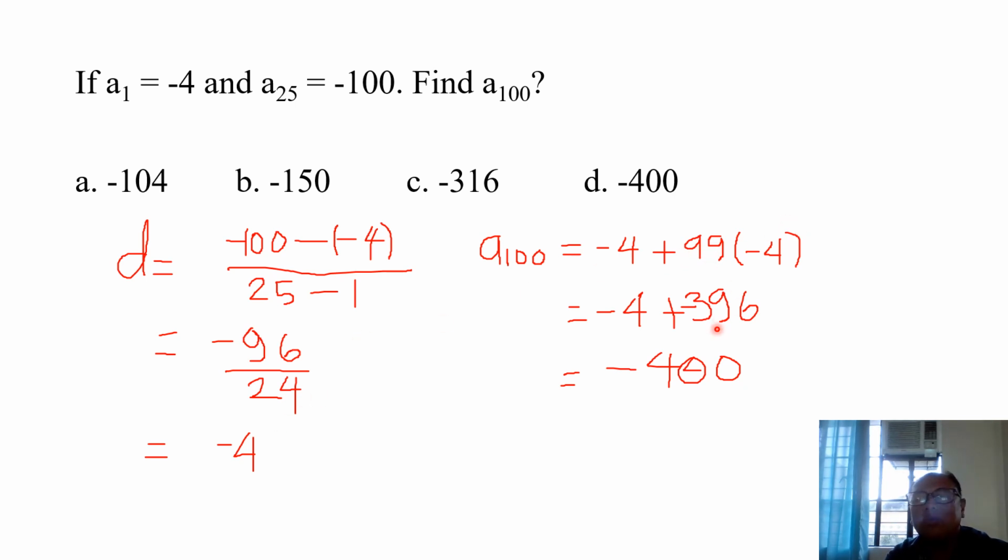Then multiplying this one, negative 4 times 99 is equivalent to negative 396, bring down negative 4. Since we have both negatives, we'll add their absolute values, so therefore the answer is negative 400. And the answer is letter D.